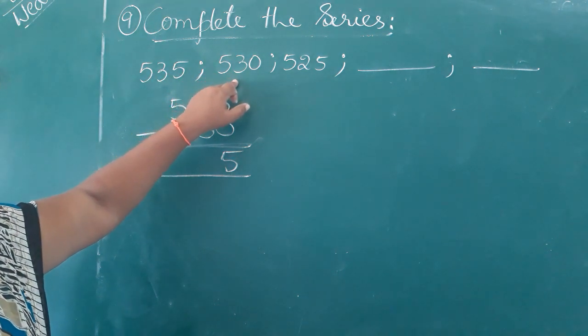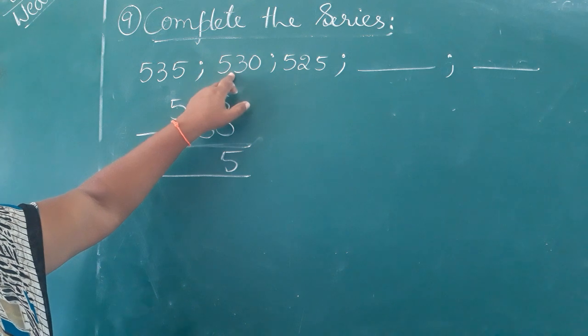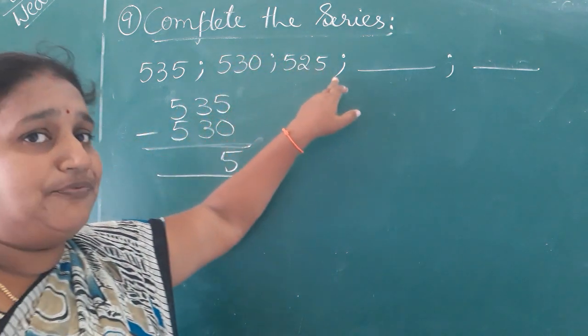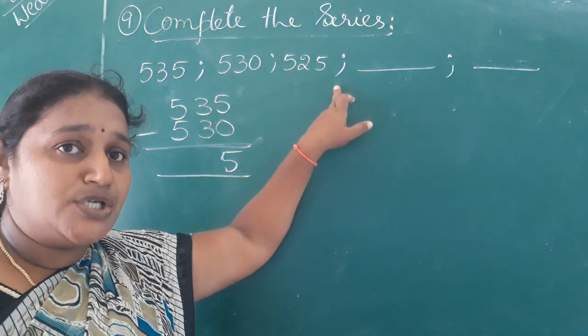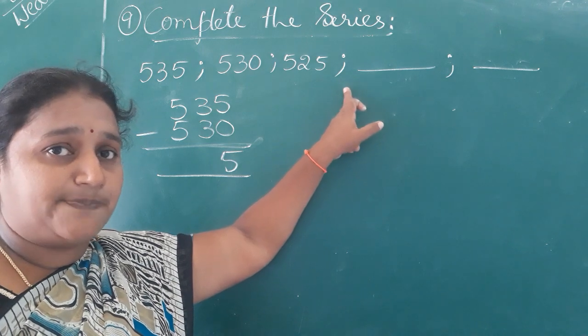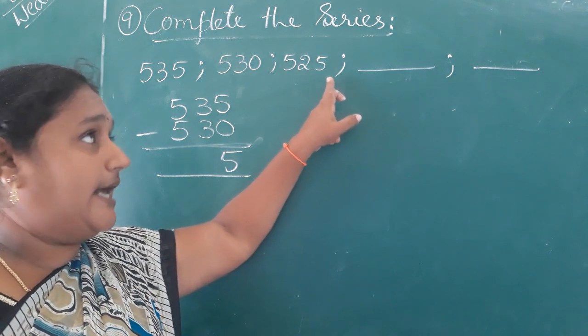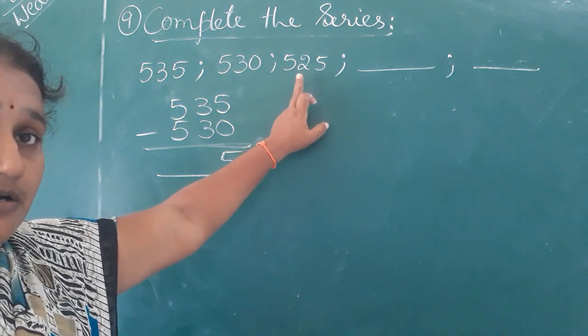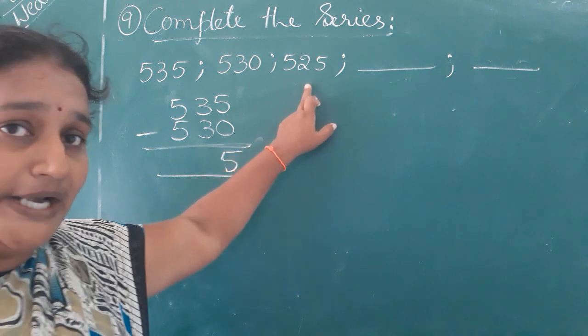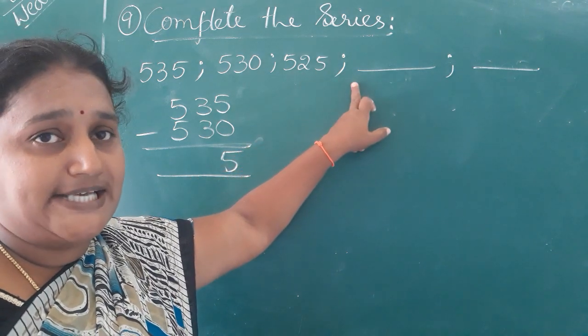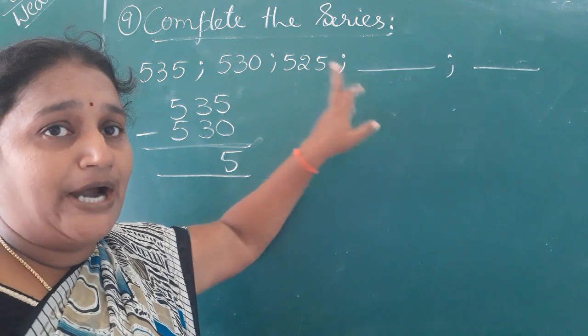If you subtract 5 from 530, you will get 525. So in this pattern, if you subtract 5 from 525, you will get the next number. Now you have to subtract.